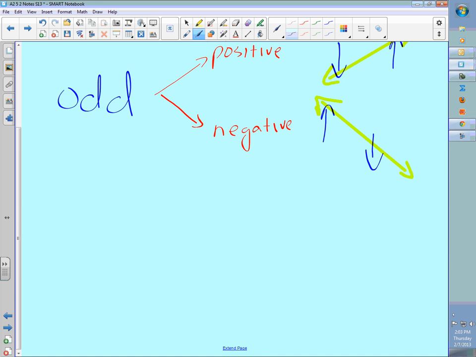If your function has an even degree and a positive leading coefficient, then your end behavior is going to be up and up, like a touchdown. If you're positive even, the ends will both be pointing up.